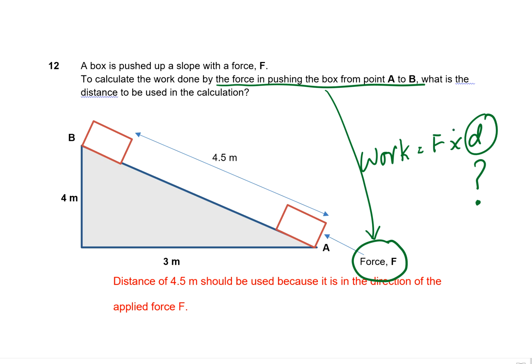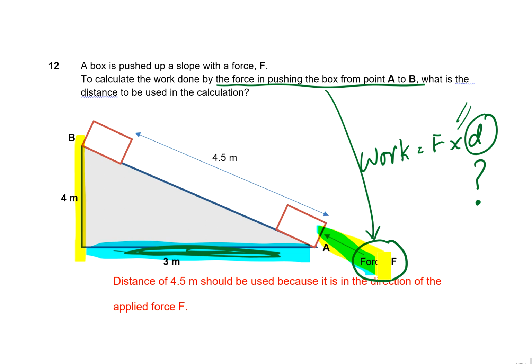Well, remember, force and distance must be parallel and in the same direction. So therefore, I will take 4.5 to be the distance. I'm not going to take 4 meters or 3 meters. The reason is because if you look here, 3 meters is here, right? And wait a minute, let me just draw. It will not be parallel to this force. 4 meters is here.